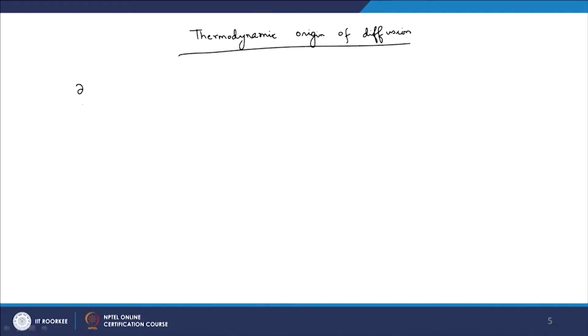Things move from a high chemical potential to a low chemical potential. So, we are interested in terms like dou mu p by dou phi and dou mu s by dou phi. How does the chemical potential change with the change in phi?